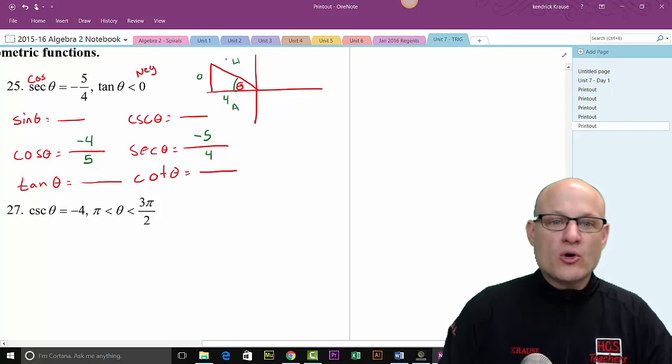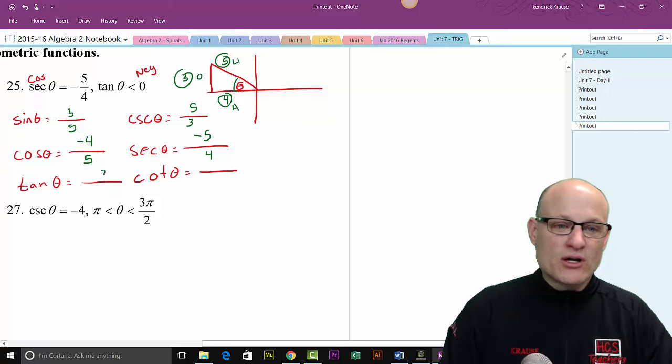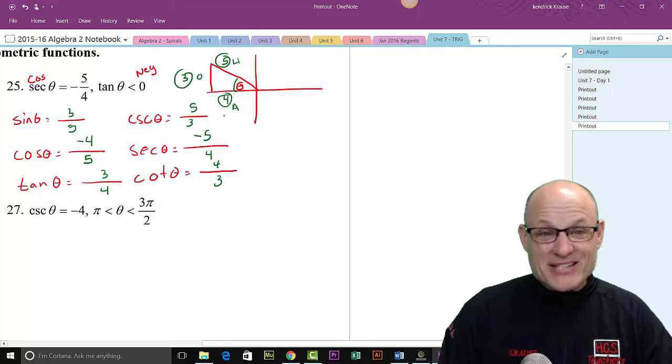So those are my sides. Sine is opposite over hypotenuse, 3 over 5. Cosecant is the flip of that, 5 over 3. Tangent is opposite over adjacent, 3/4. This would be 4/3.